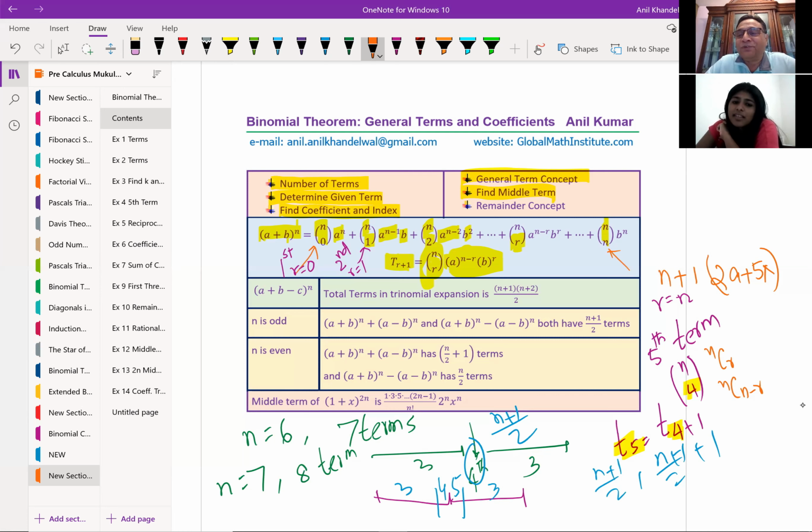It becomes very confusing. So keep in mind that nCr and nC(n minus r) are the same thing. Now you understand swapping doesn't really make much difference, correct?